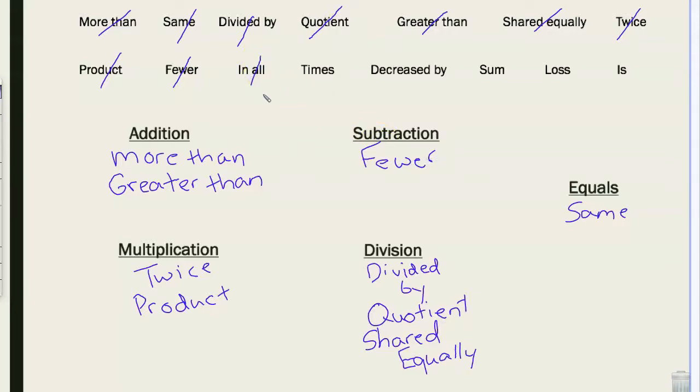In all. Where do you think in all would go? That's addition. Times. That's easy. 2 times 2. Multiplication. Why does it look like a kindergartener wrote this? Decreased by. That would be subtraction. 6 decreased by 2.